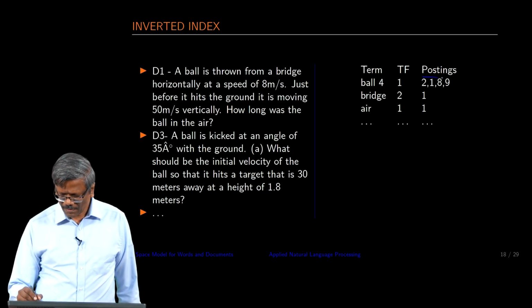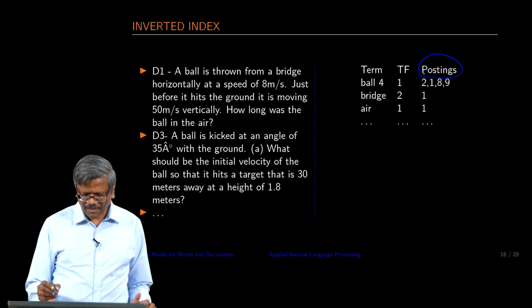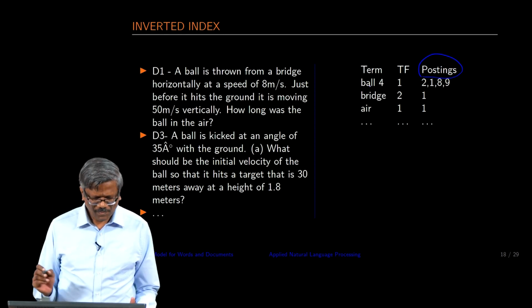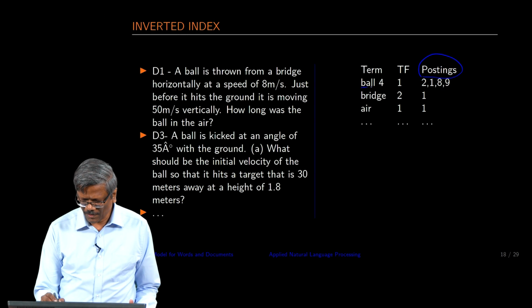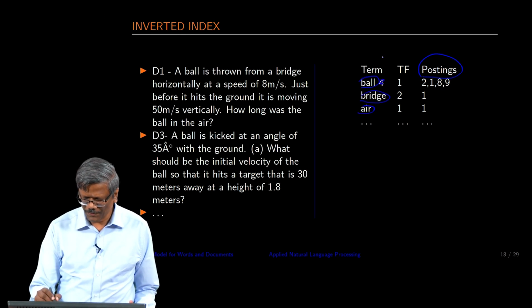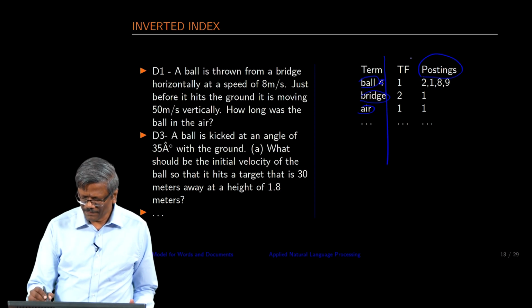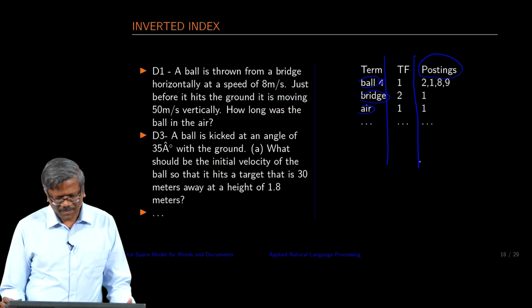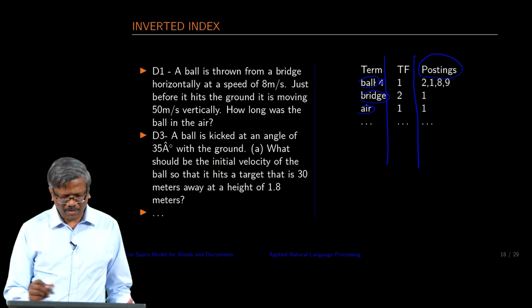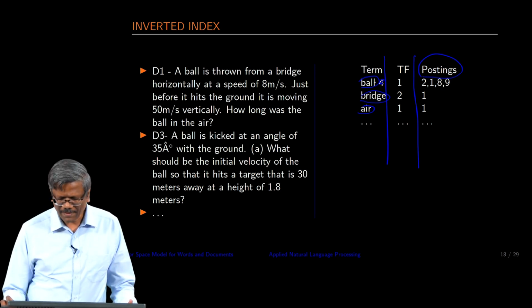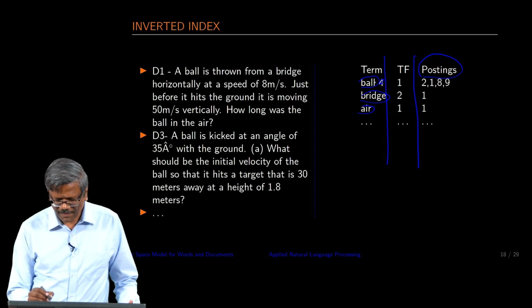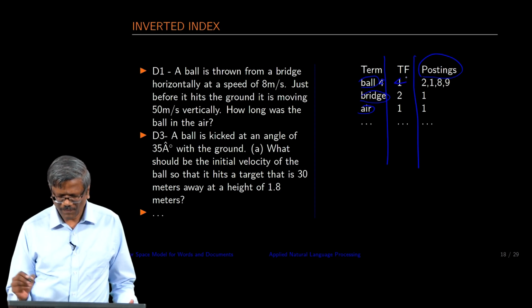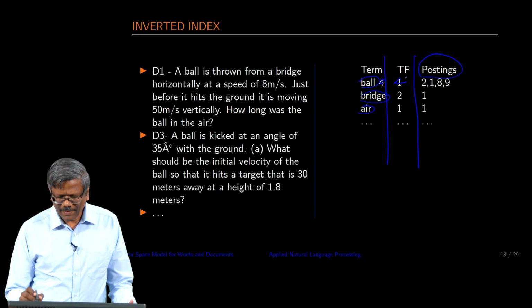Okay. For every term, you have a column. Okay. So, this is the column for you, and then the term frequency for the word ball across the document space. Okay. In this case, this is going to be 4. Okay. And then the postings.